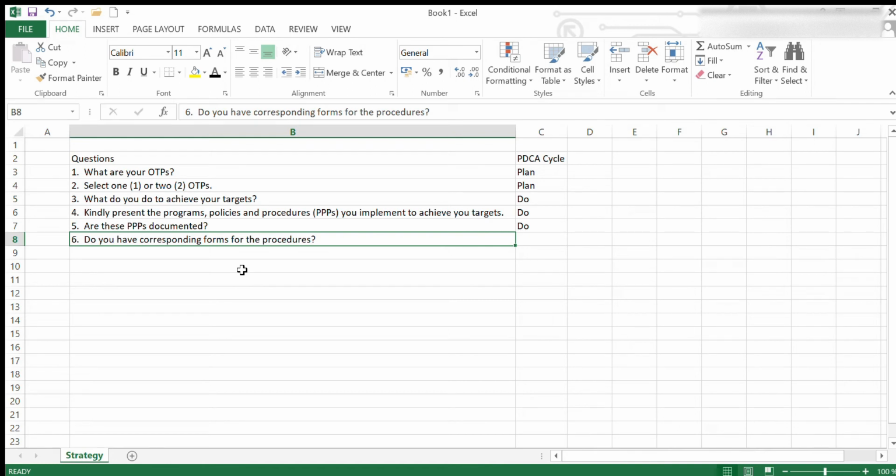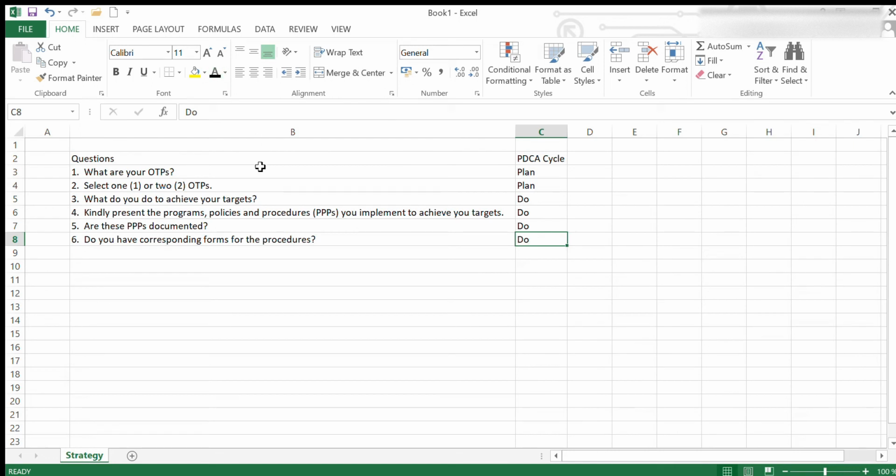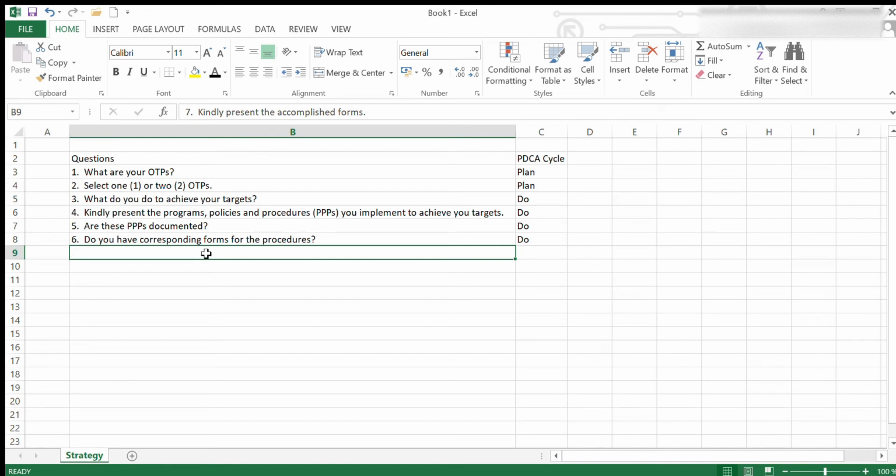You have to check on this. They may also have forms to note that the person using it has been trained already. Again, this is under the do cycle. So that's it, you can hold on to the forms.